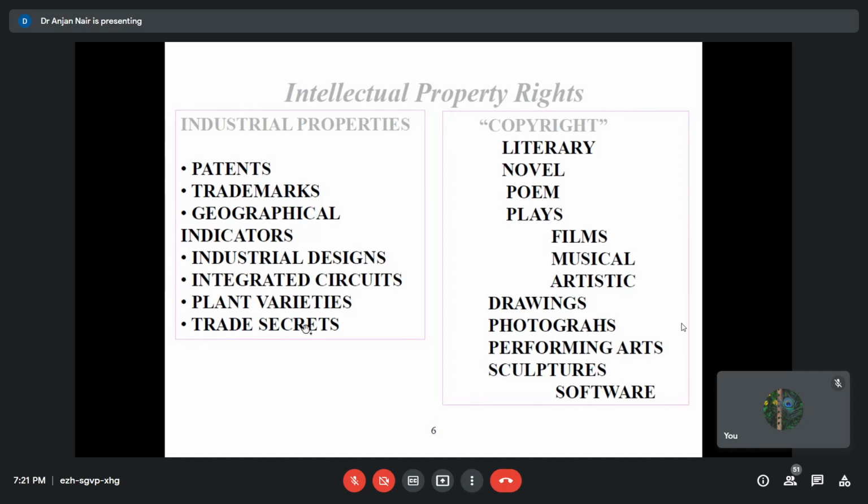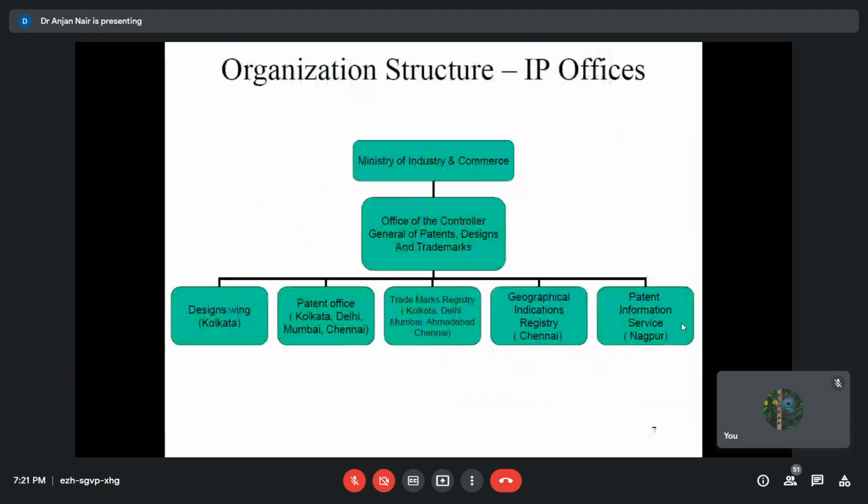Copyright is basically for literary works, things like that, while for the industrial applications we have these other six or seven types of IPs, and this eighth one is the copyright. So basically eight types of IPRs are there. So we will quickly see one by one. Before that, the structure of the IP office. In India, it comes under the Ministry of Industry and Commerce.